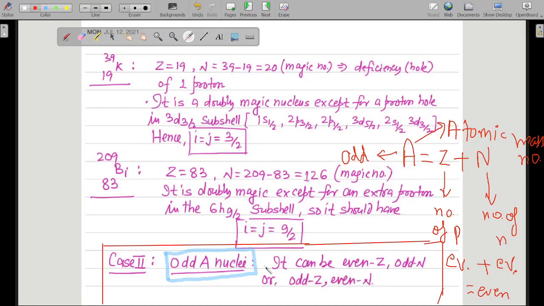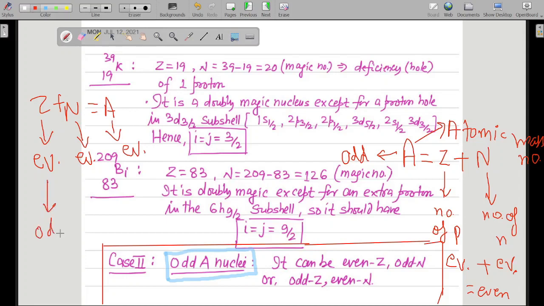Both of them being even is not possible: if Z is even and N is even, the atomic mass number A will also be even, because even plus even is always even. And if Z is odd and N is also odd, odd plus odd also gives an even number.